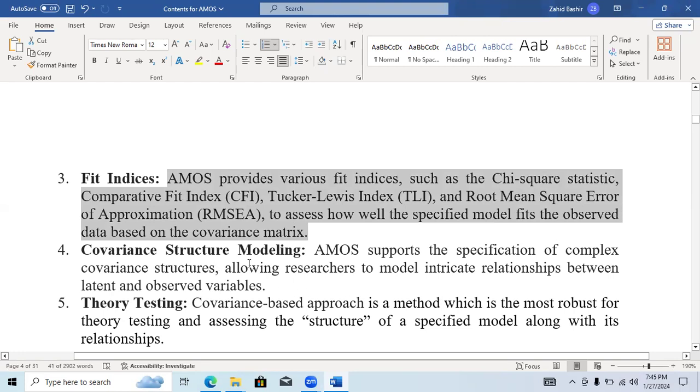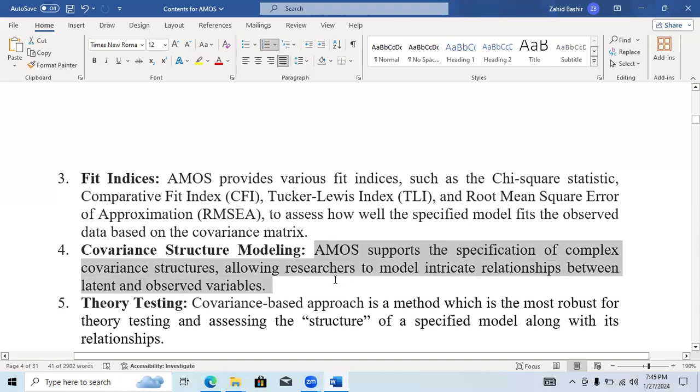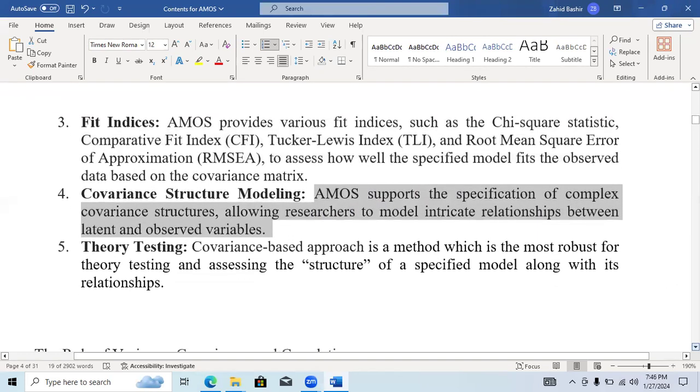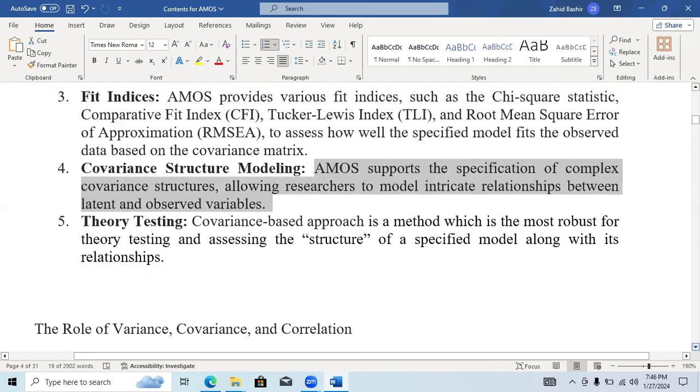Then covariance structural modeling. Amos supports the specification of complex covariance structures, allowing researchers to model intricate relationships between latent and observed variables. And last but not least, theory testing.